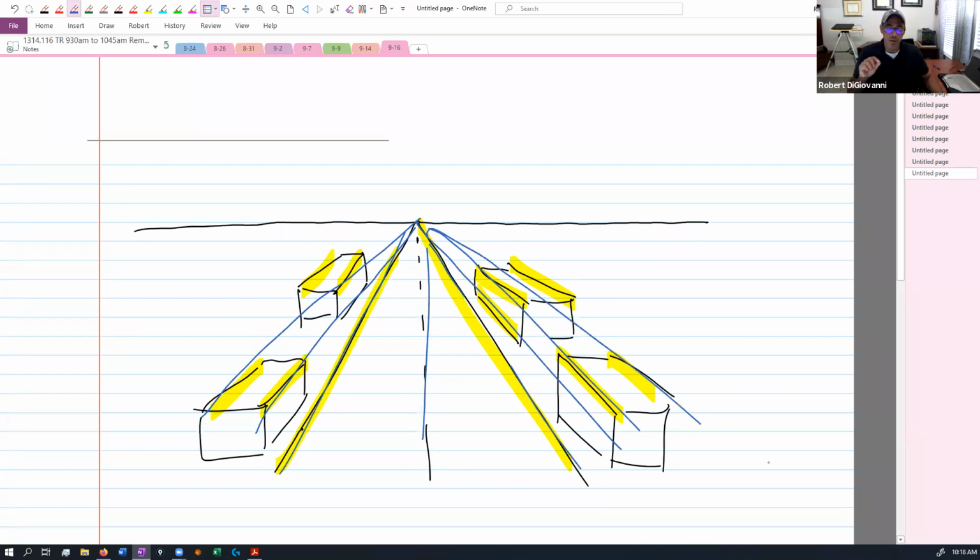And so I had to break the rules that you've learned about parallel lines in order to trick your eyeball into seeing something that's three-dimensional on a flat sheet of paper. And so this is called perspective geometry.